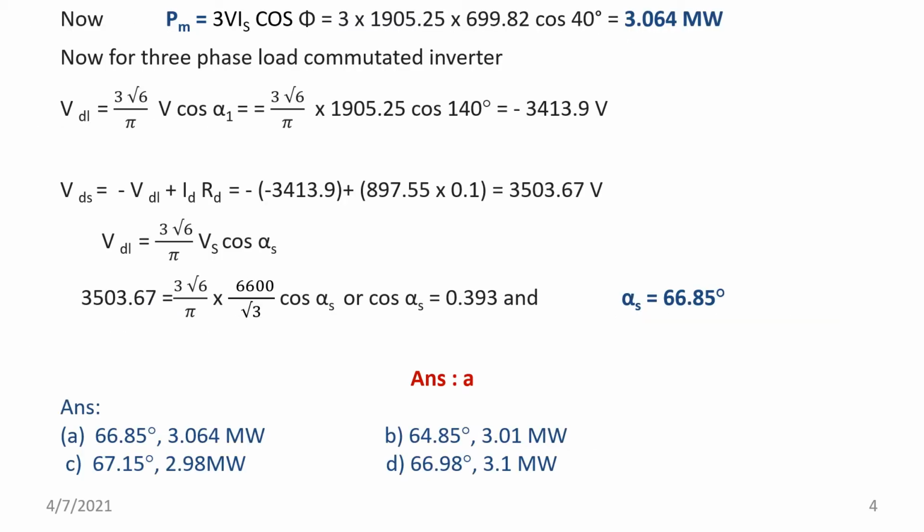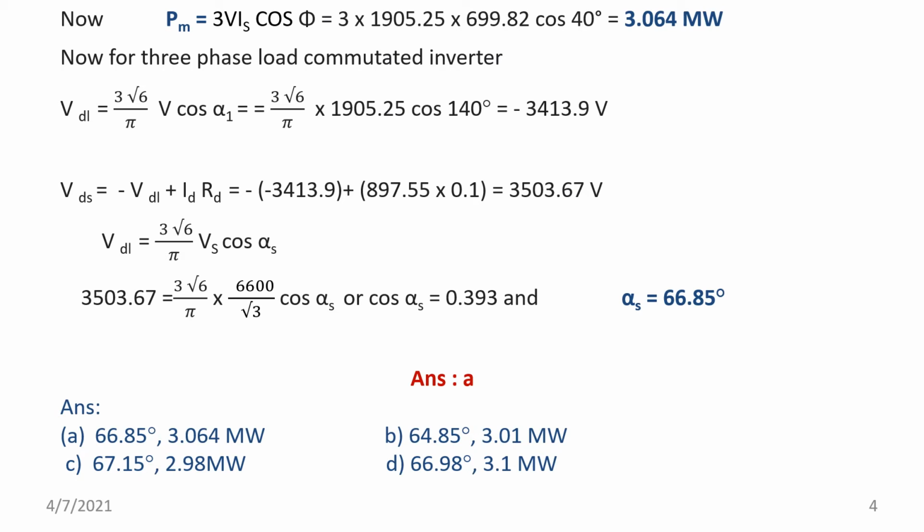P_M value is 3 times V into I_S into cos phi. So you substitute the values of V as 1905.25 into I_S as 699.82, cos of 40 degree. If I substitute and multiply that, my answer for P_M is 3.064 megawatt. This is one of the answers. Then we have to go for calculation of alpha S, the next question.